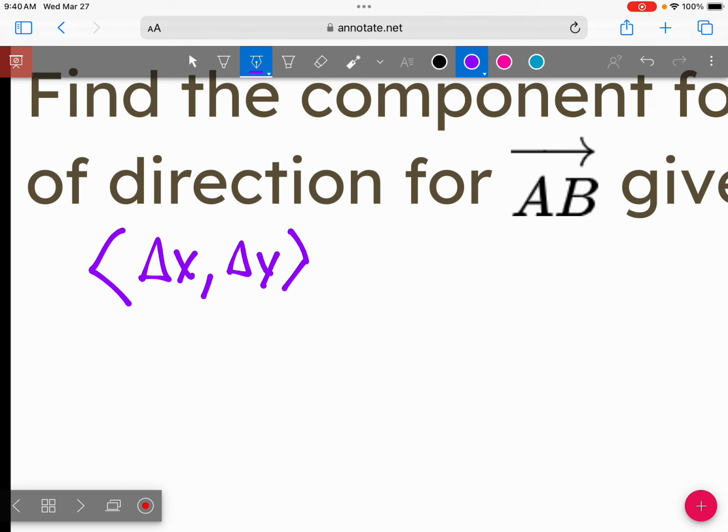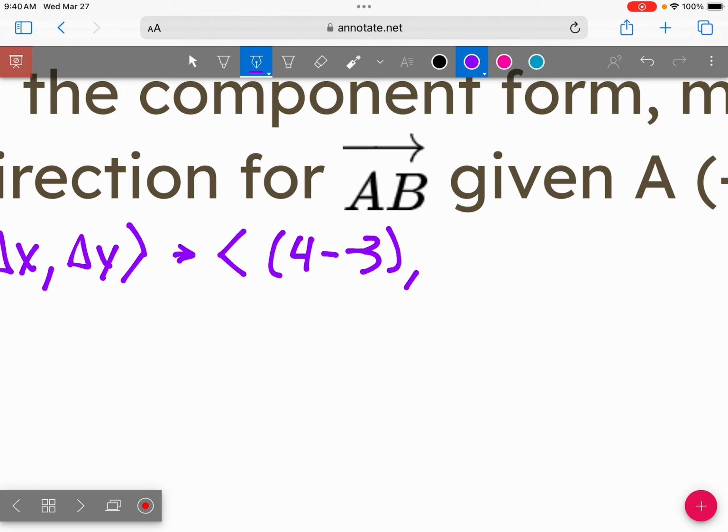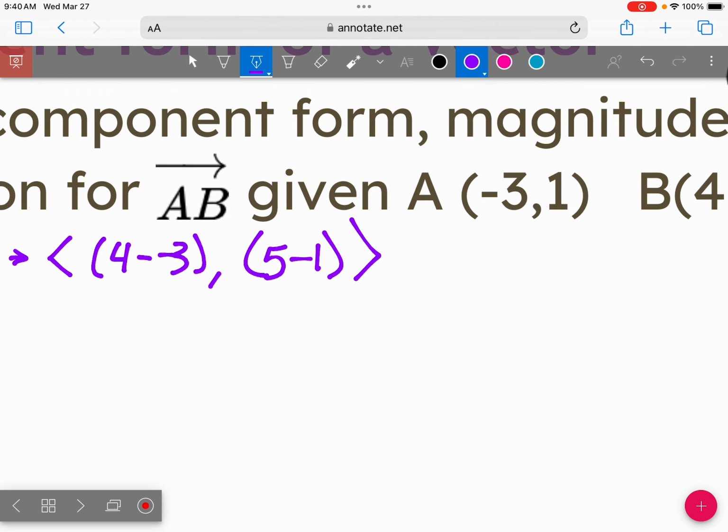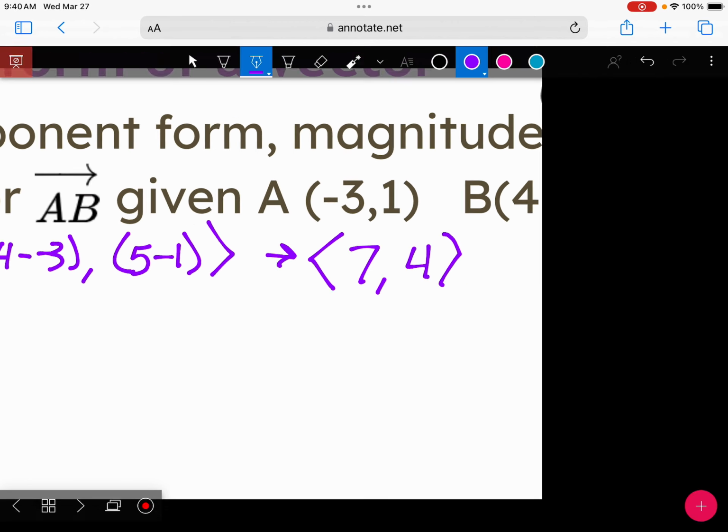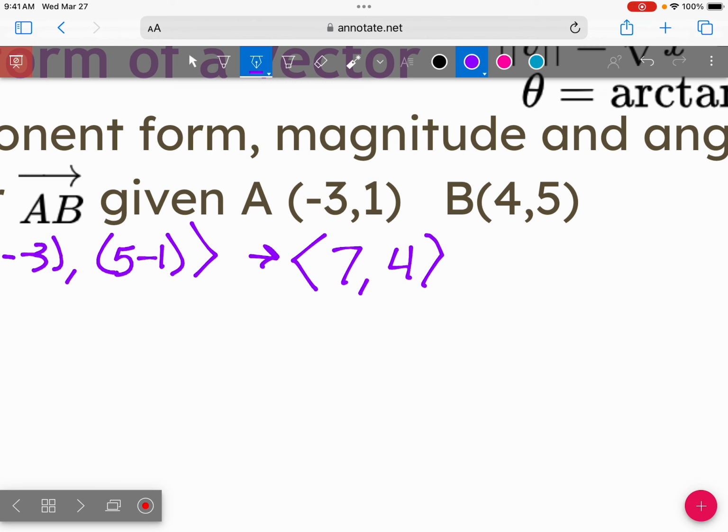More specific. Minus 1, which is going to give us the numbers, 7 and 4. What quadrant is that? 1.